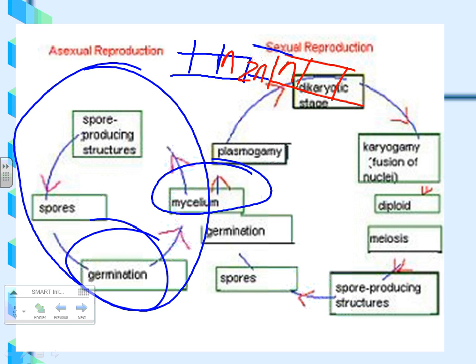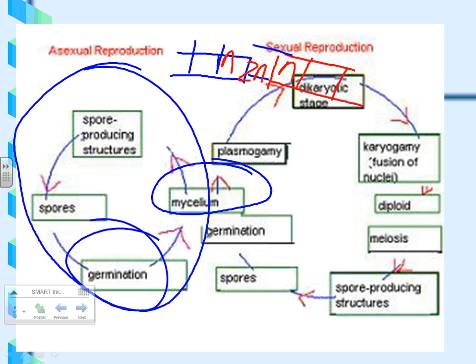What's the word for the first cell that you started at? Zygote. Haploid egg, haploid sperm, diploid zygote. I'm describing a bunch of them right now. Okay?